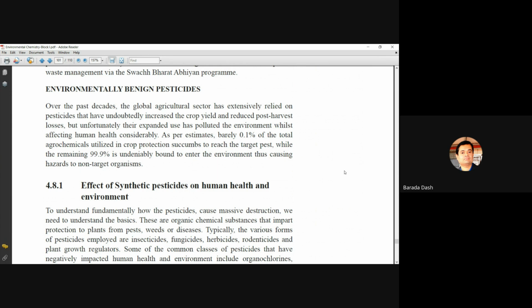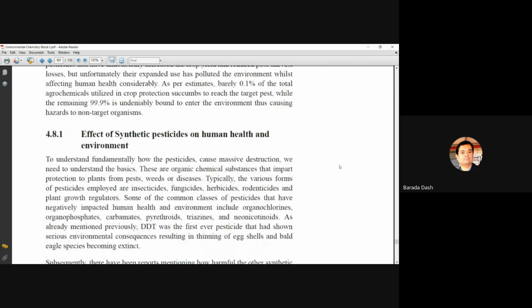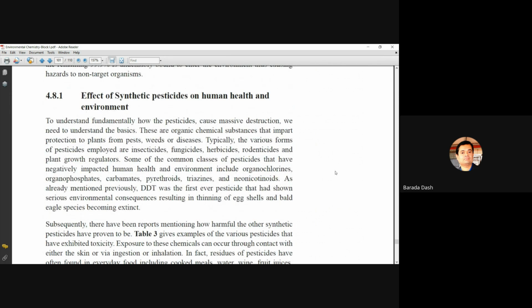As per estimates, barely 0.1% of the total agrochemicals utilized in crop protection reaches the target pest, while the remaining 99.9% is bound to enter the environment, thus causing hazard to non-target organisms. Effect of synthetic pesticides on human health and environment.